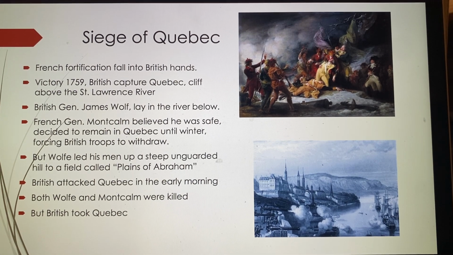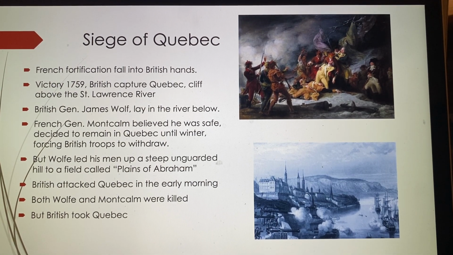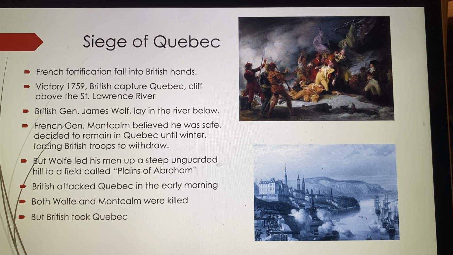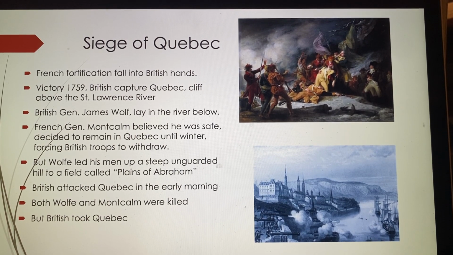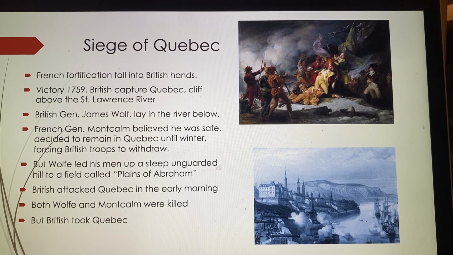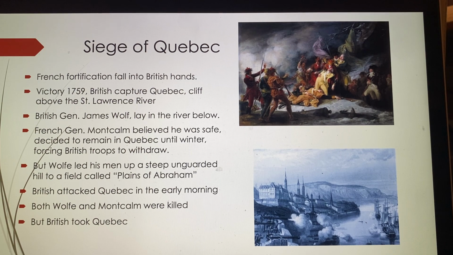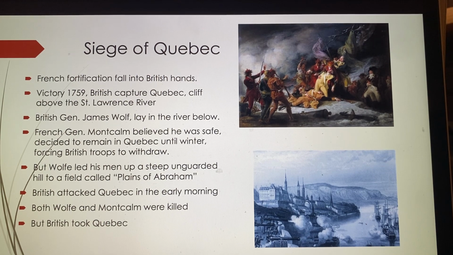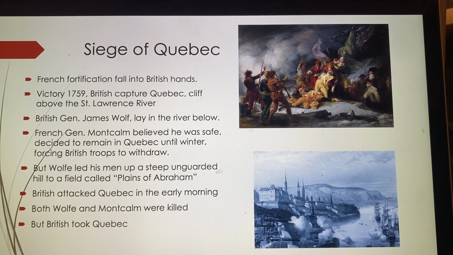And the French general, Montcalm, believed he was safe, saying, "We're fortified. We're just fine. There's no way England could come in and attack us, right?" So he decided to remain in Quebec until winter, and he thought the British troops would withdraw in the winter, because Britain doesn't like Canadian winters.